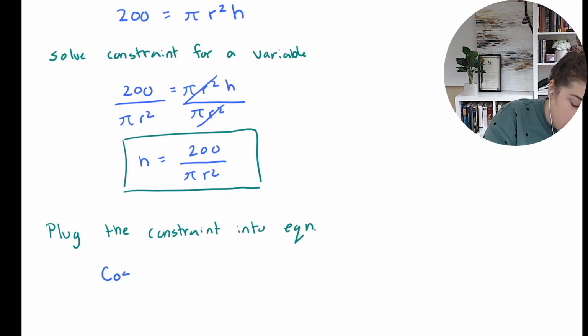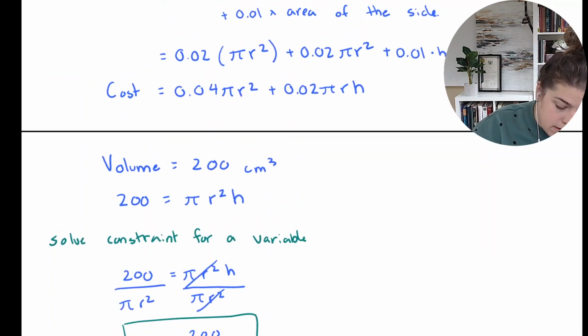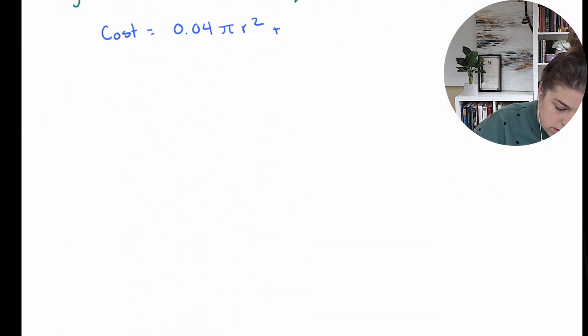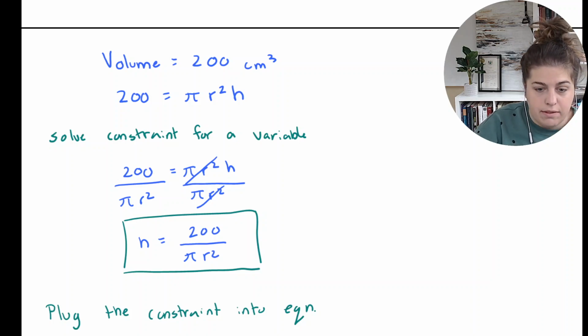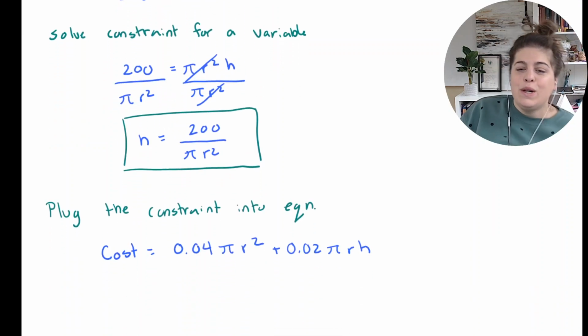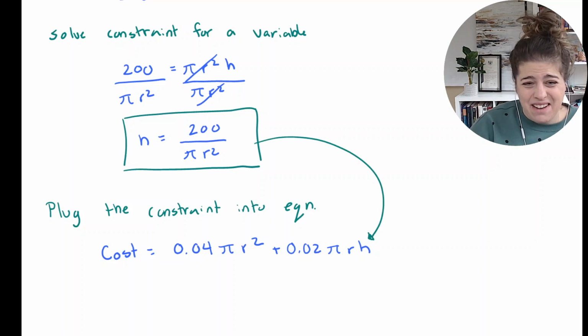So if we know that our cost equation is that 0.04 times pi r squared plus 0.02 pi r h. We're just going to replace the h with what we figured out it equals. So then we're only going to have r's.